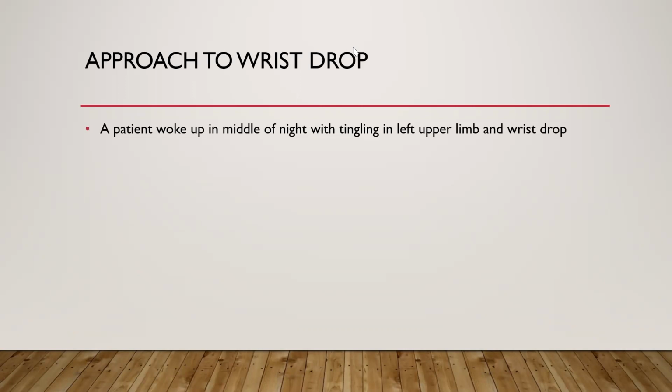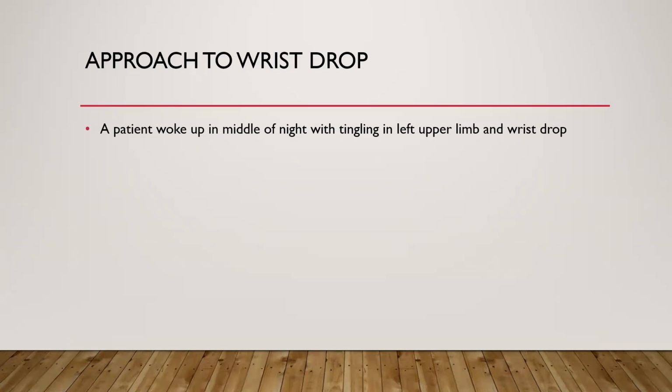In UMN wrist drop, if you outstretch the completely pronated hand and try to close the fist, you can see that the wrist extends. If a patient with UMN wrist drop comes and you ask them to close the fist, there will be extension at the wrist joint.